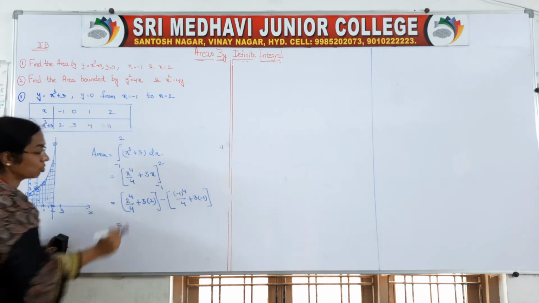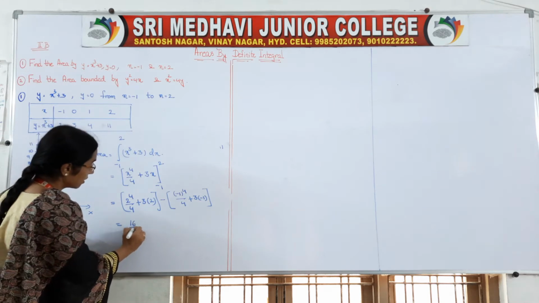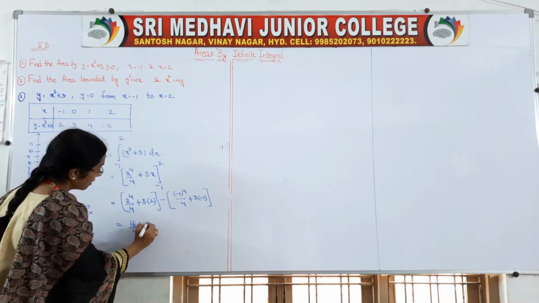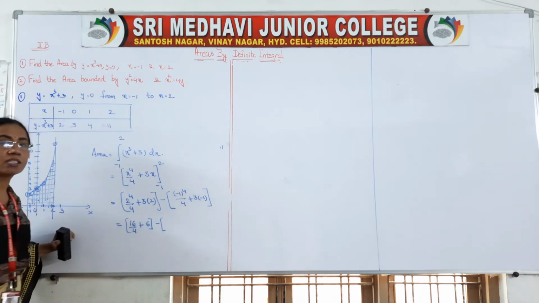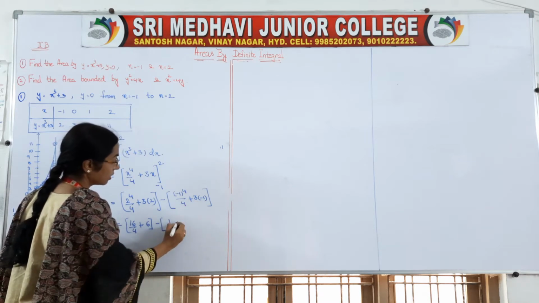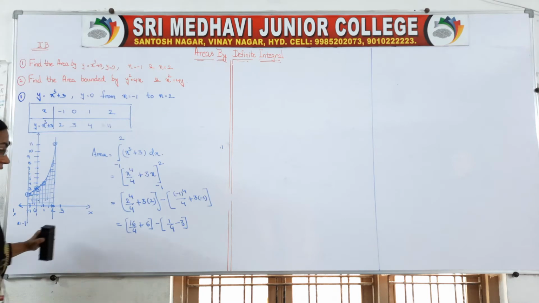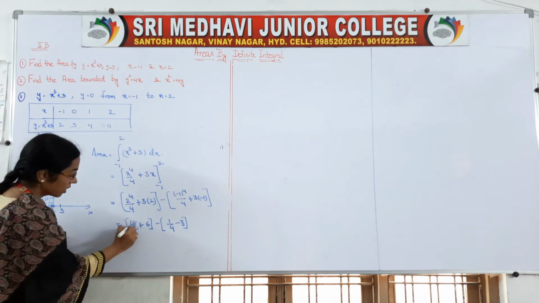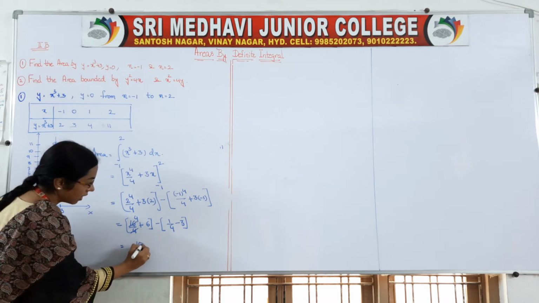So it is equal to 2 to the 4, 4 twos are 8, 8 twos are 16, so 16 by 4 plus 3 into 2 is 6. Okay, minus, this is minus of 1 to the power of 4, which is 1 by 4, and 3 into minus 1 is minus 3. This one is 4 fours, right? 4 plus 6 is 10.